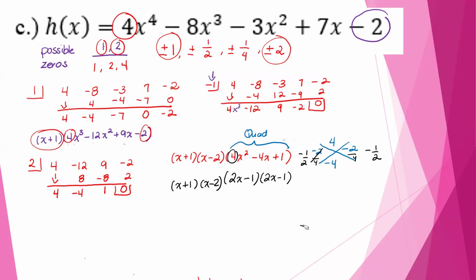So what are your answers here? Negative 1, 2. Don't these two give you the same answer? 1/2 multiplicity. Okay. Was 1/2 in my list? Yeah. Okay.